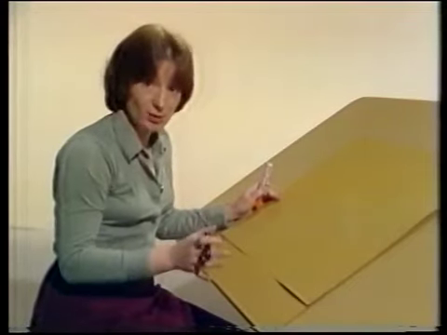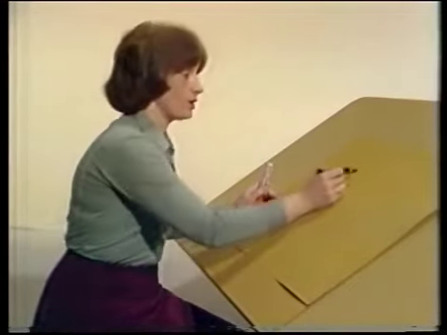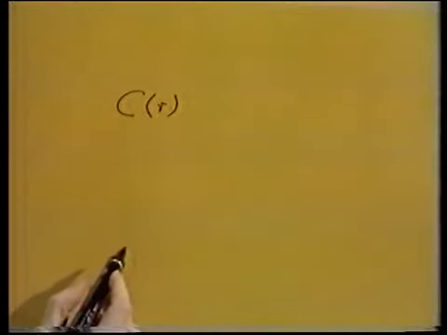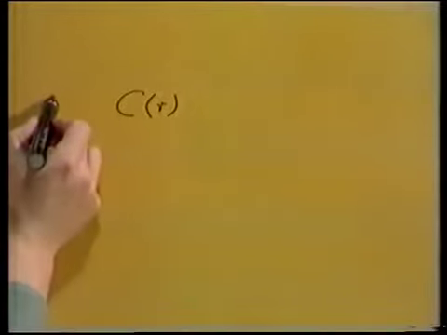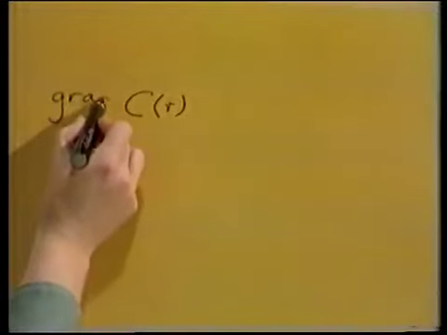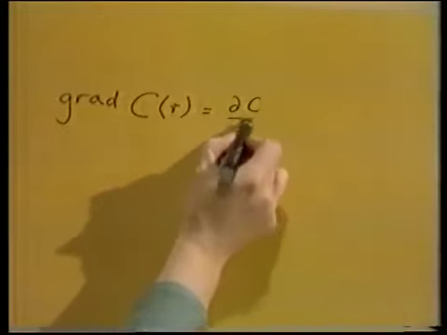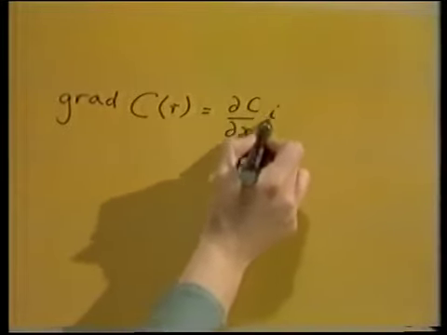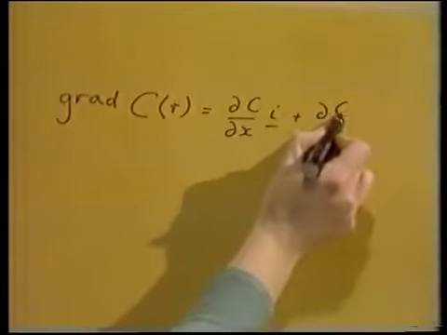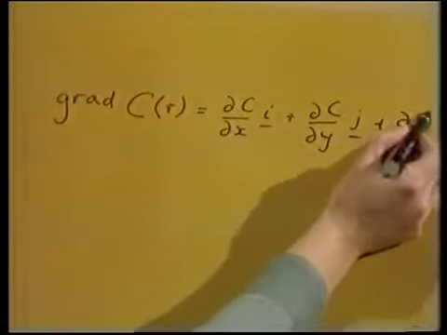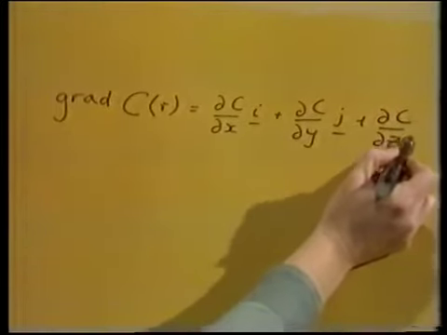Well, I don't know exactly what the concentration is. All I know is that it's a function of r, so I'll write it as C of r, and then work out the gradient. So grad of C of r is equal to ∂C/∂x i plus ∂C/∂y j plus ∂C/∂z k.